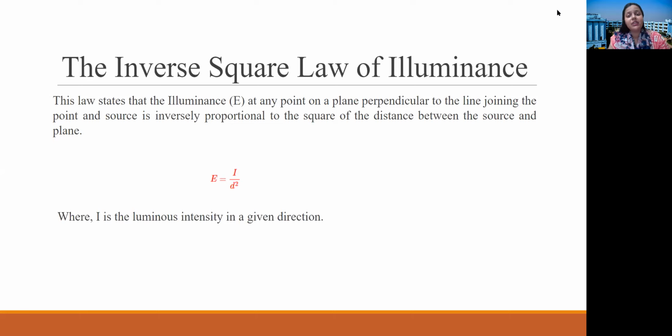So illumination E is proportional to 1 by d square, and I, the proportionality constant, is defined as luminous intensity.